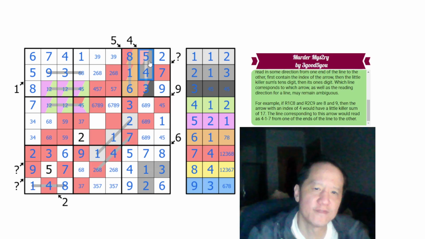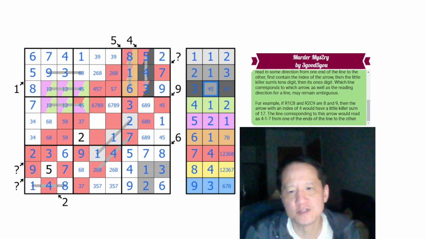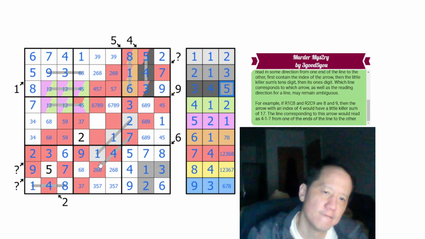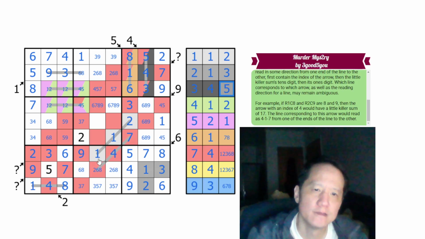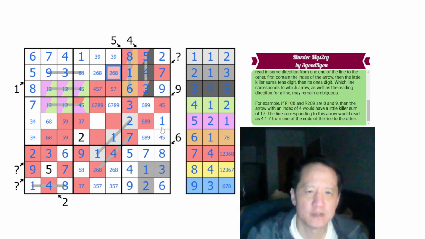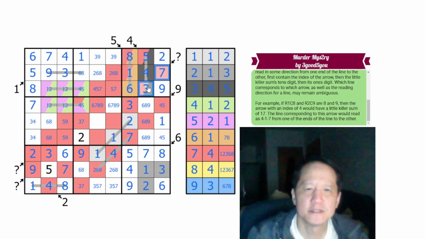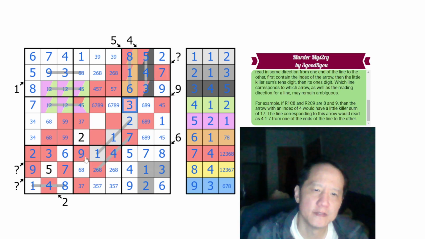Okay, so this is 45. Now we know this is 45. Can this still be 2 is the question. I don't know. This is 10. This is 10. This is 20.